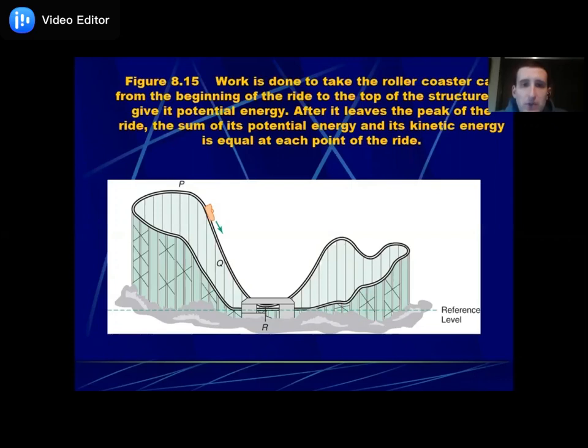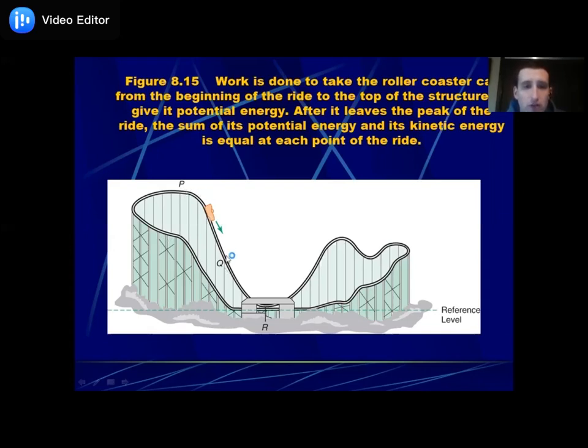We did a few examples last chapter. We ended up with a number of conceptual examples about different ways to go from potential to kinetic, potential to work, and work to potential, and so on. And we ended with the idea of a roller coaster, that the roller coaster does work on you to pull you up to the top, and then you slide around, and your potential energy, which is a lot at point P, starts to decrease as you fall.